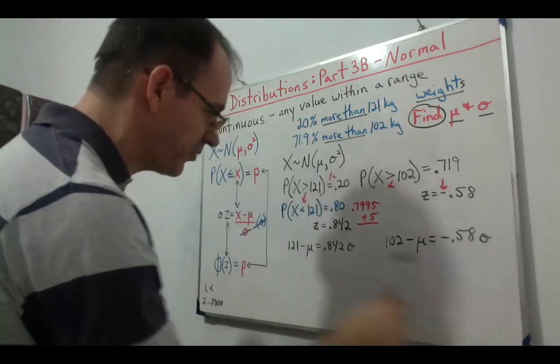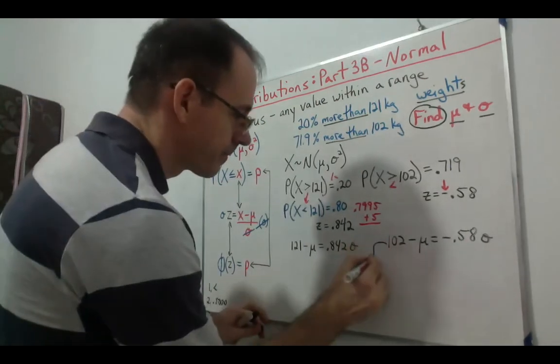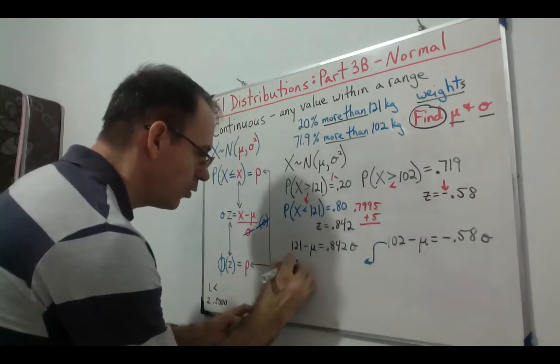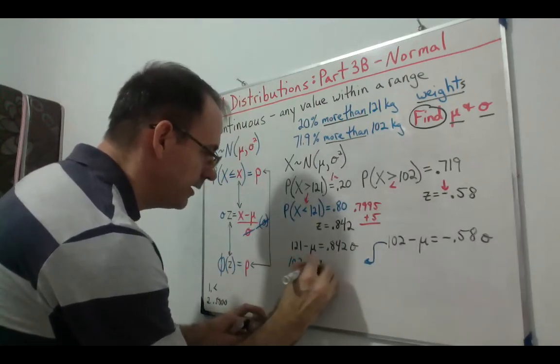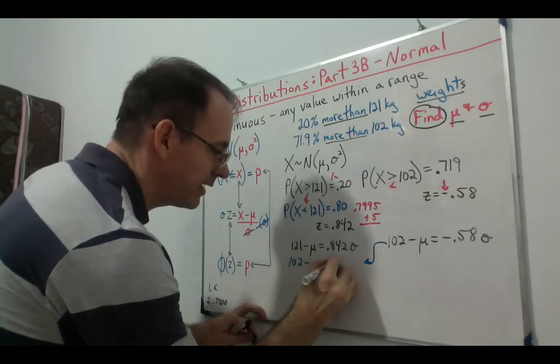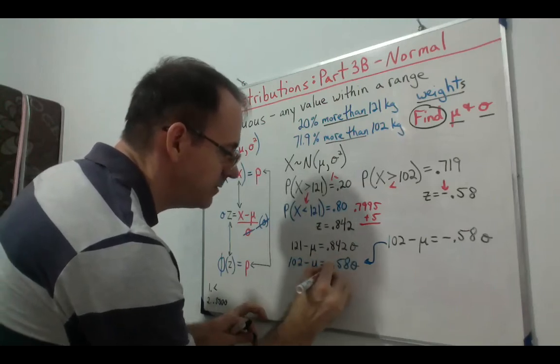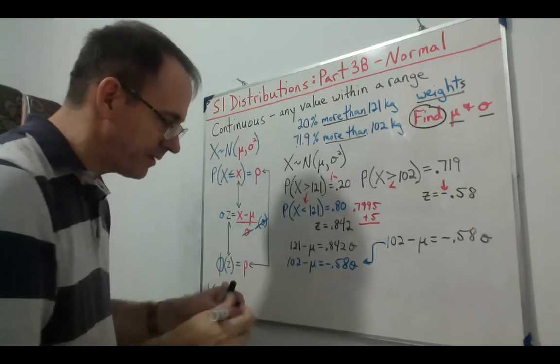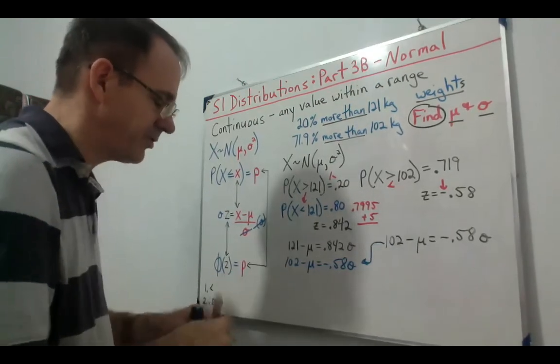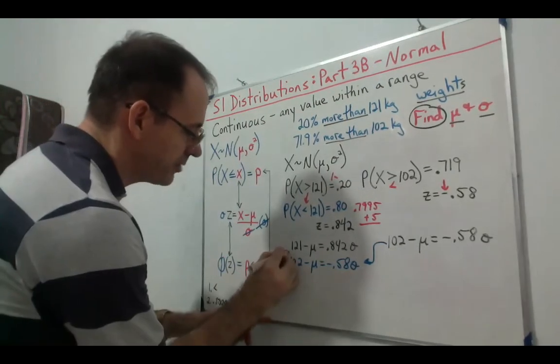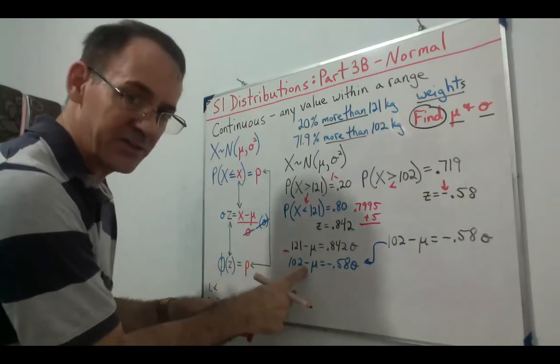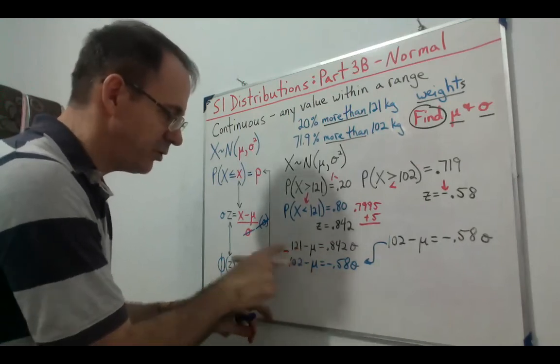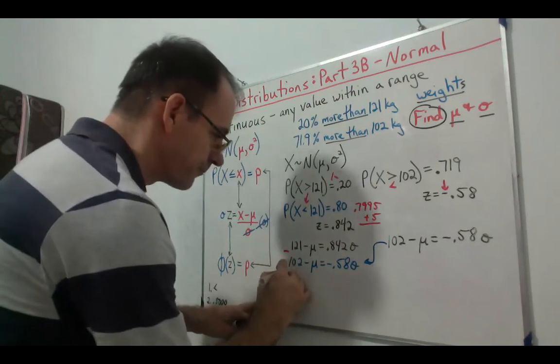Now I'm going to bring this one over here. 102 minus mu equals a negative 0.58 sigma. And if we want the mu's to cancel, all we have to do is subtract. So minus a negative makes a positive. A negative mu plus a mu cancel out.